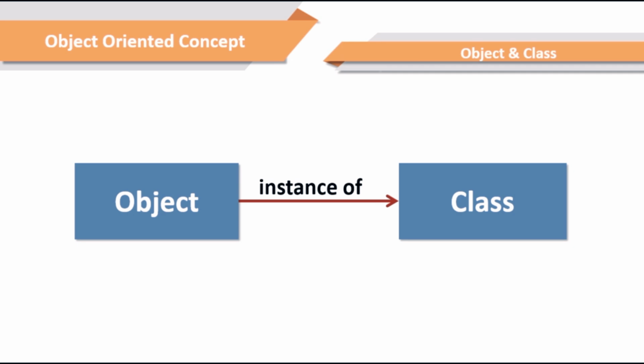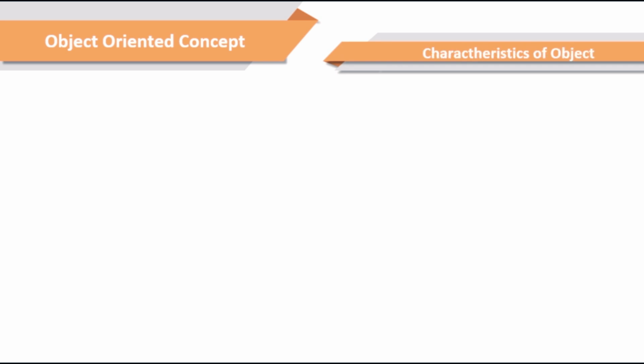So an object has three characteristics. It has a state, behavior, and an identity. So coming up in the next slide, we're going to try to understand the characteristics. Characteristics of object. So just as I promised, an object has three characteristics.